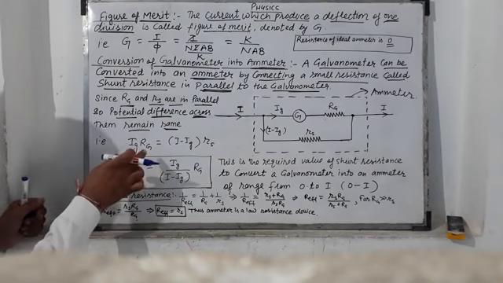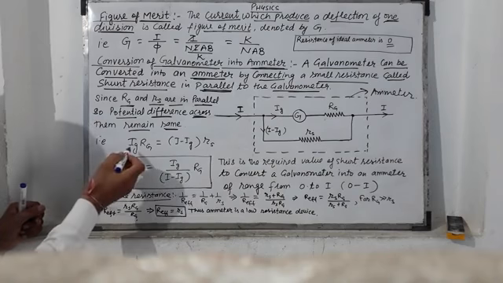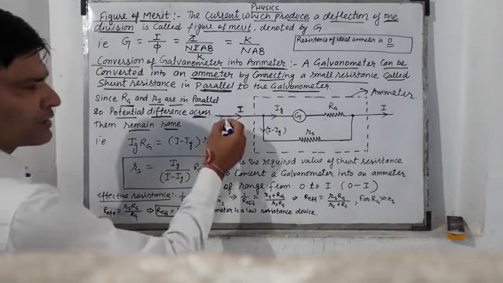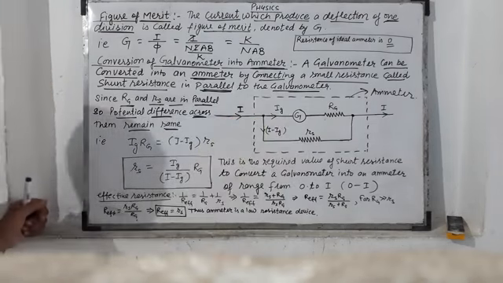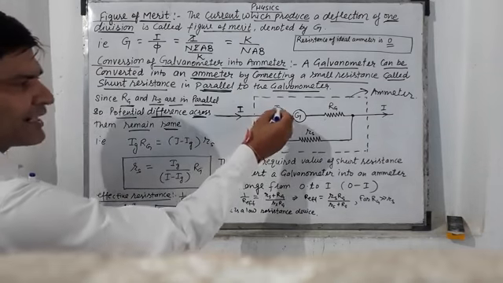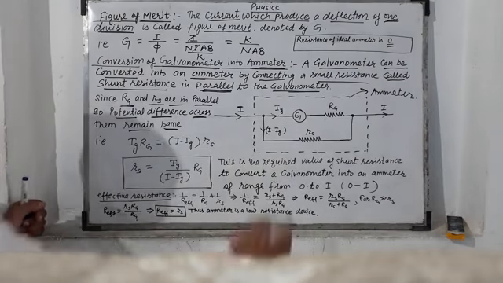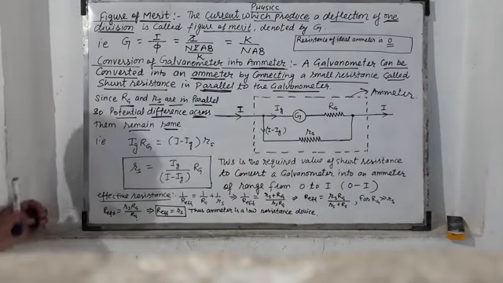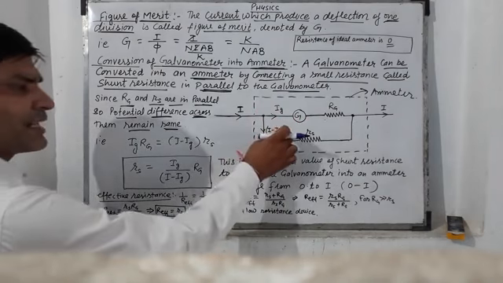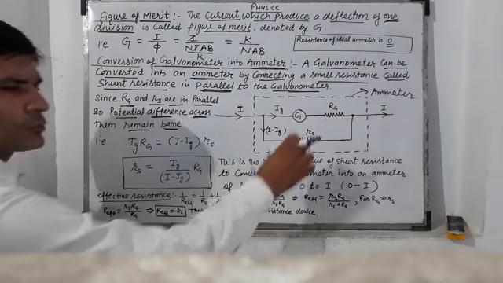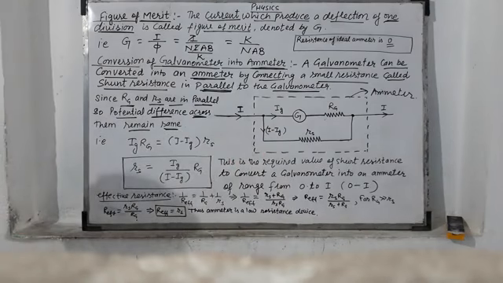Potential V is equal to IR. Current I comes to this terminal and divides into IG and I minus IG. IG flows through the galvanometer and I minus IG flows through the shunt resistance.